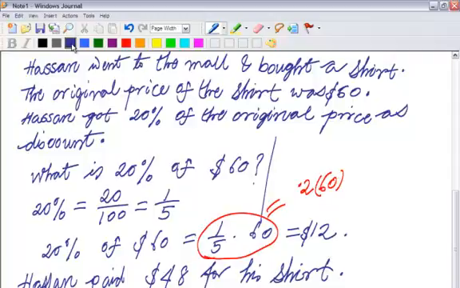You can convert the percent to either decimal, or you can convert it to a fraction and then multiply the fraction with the quantity. Is that making sense? 0.2? That's fine. If it feels easier, that's fine. But sometimes, one way is easier than the other way. Okay, but you can choose whatever you want to do.